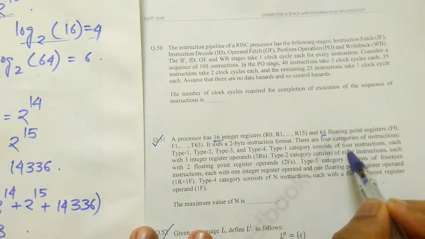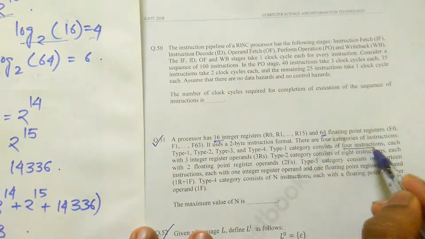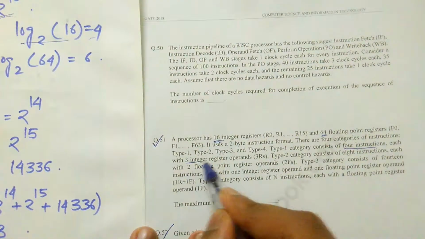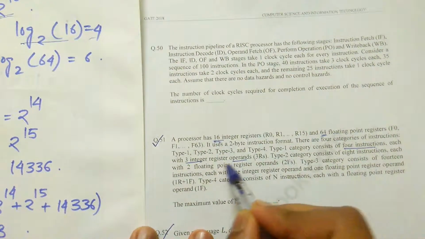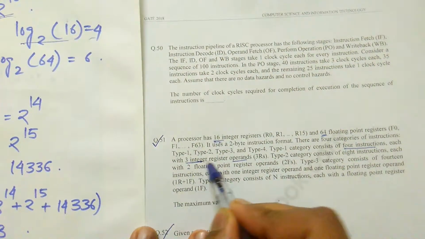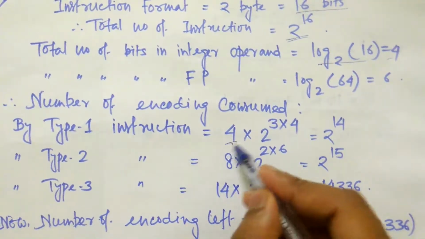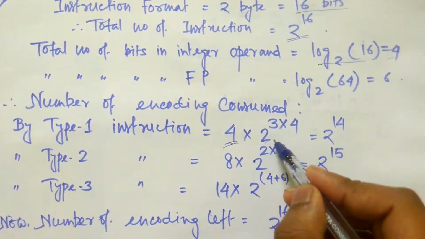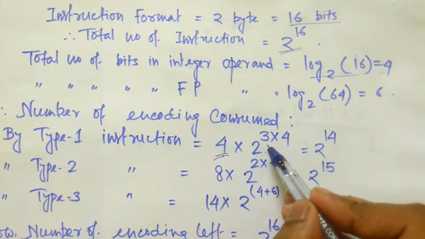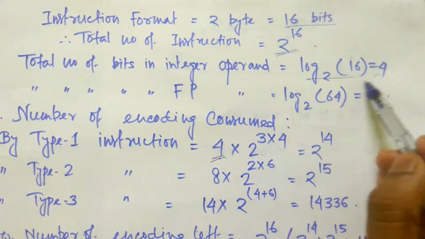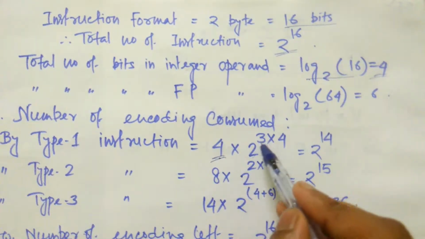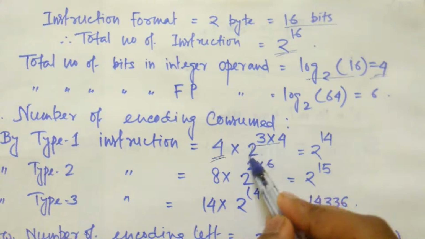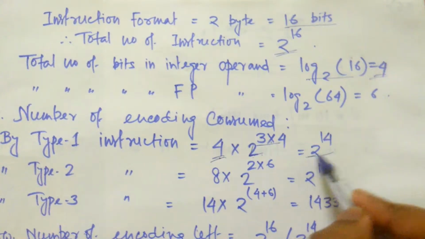It is given that type 1 has 4 instructions, each with 3 integer operands. So for these 4 instructions, it is 2 to the power 3 integer operands, and how many bits does an integer operand consist of? That is 4. So it is 2 to the power 2 times 2 to the power 12, that is 2 to the power 14.